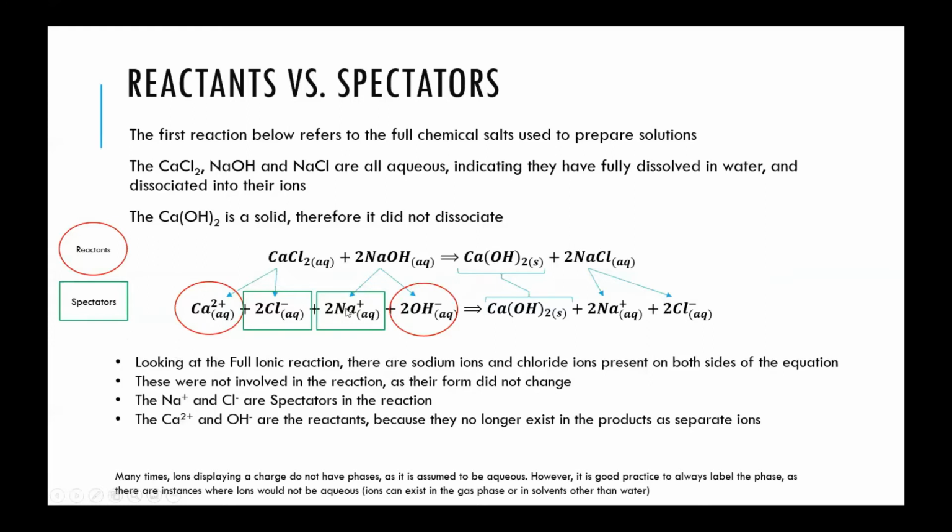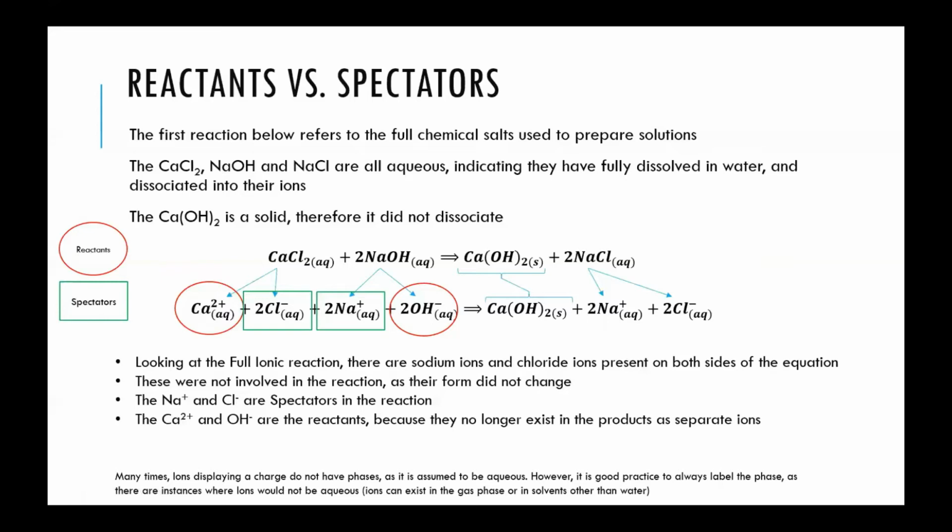Every single ion is taken into account and written out. And when you're looking at these, when you find something that's on both the reactant side and the product side, there's no change in the amounts or anything, that is a spectator ion.